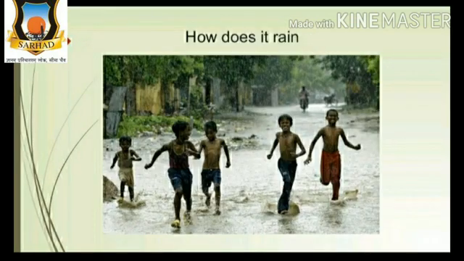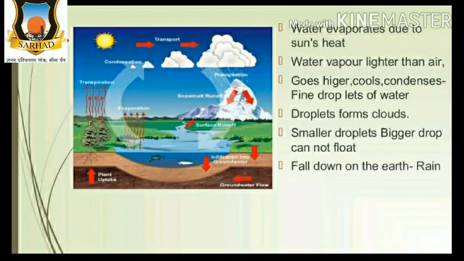How does it rain? Water on the earth evaporates continuously due to the heat of the sun. Water that has percolated into the soil also evaporates due to the heat and enters the atmosphere.